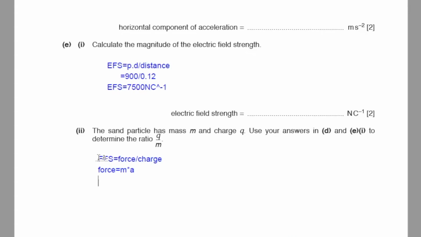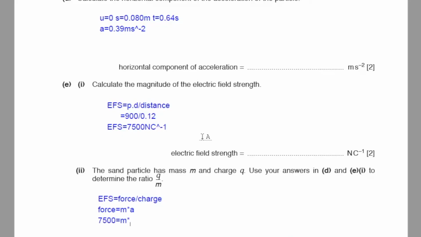Our electric field strength is 7500 newtons per coulomb. This is equal to m multiplied by the acceleration, which has a value of 0.39, since the question asks us to use the answer from part D. Now this whole gets divided by the charge, which is q.